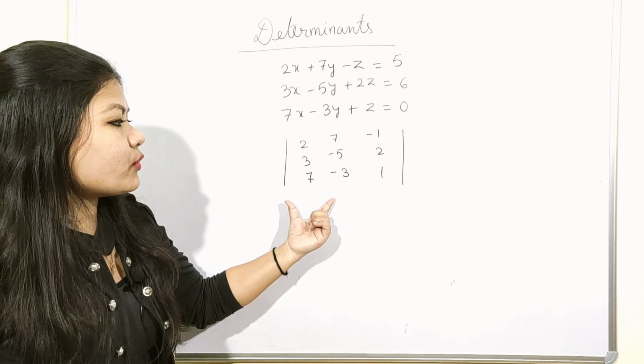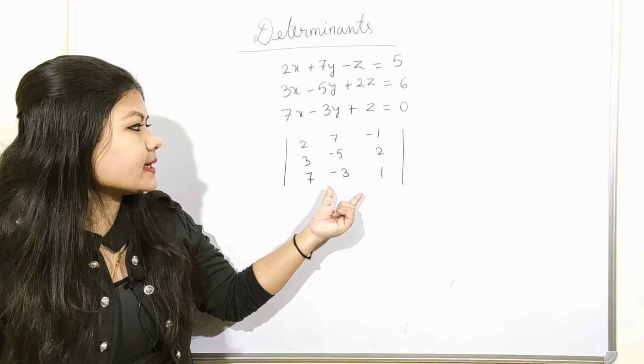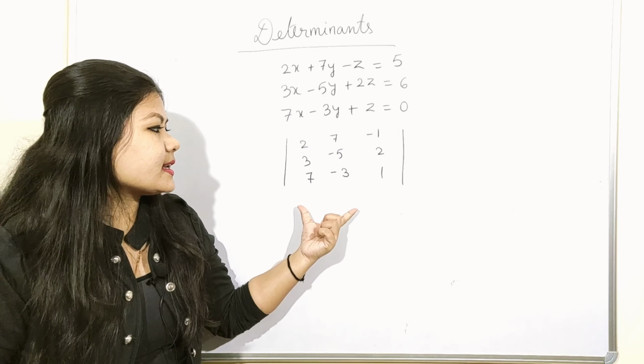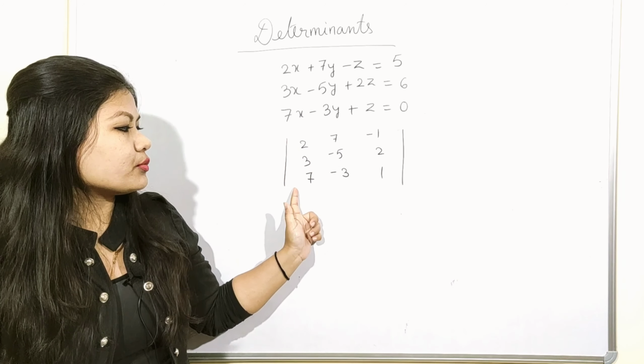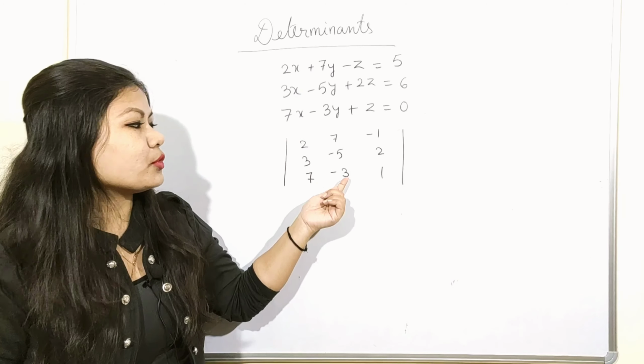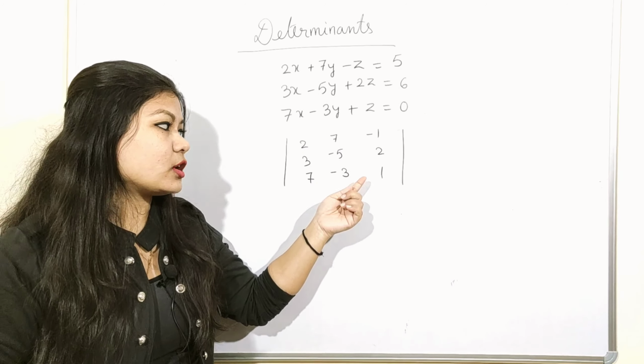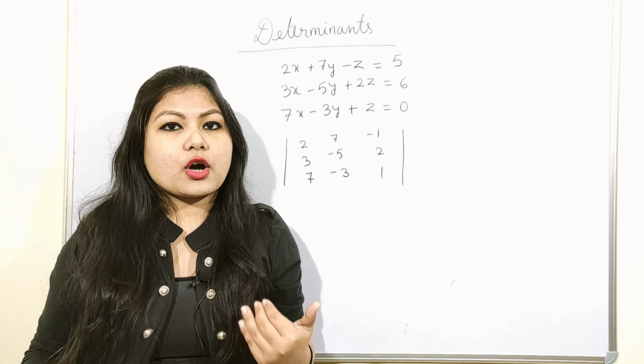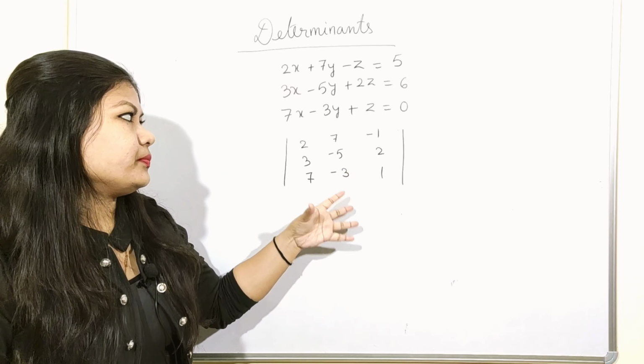So we can form the determinant in this way, writing down the bars with the coefficients of x in the first column, the coefficients of y in the second column, and the coefficients of z in the third column.